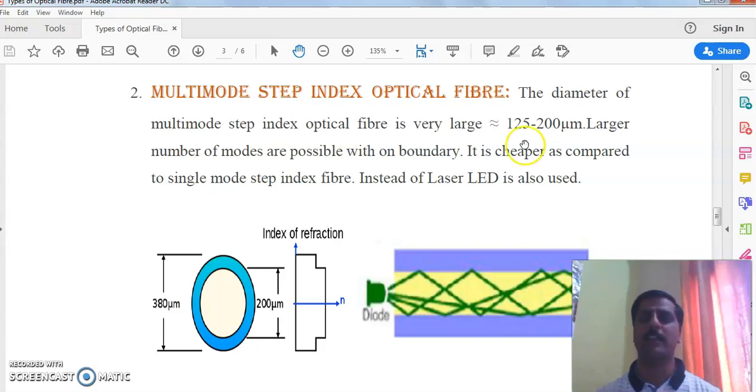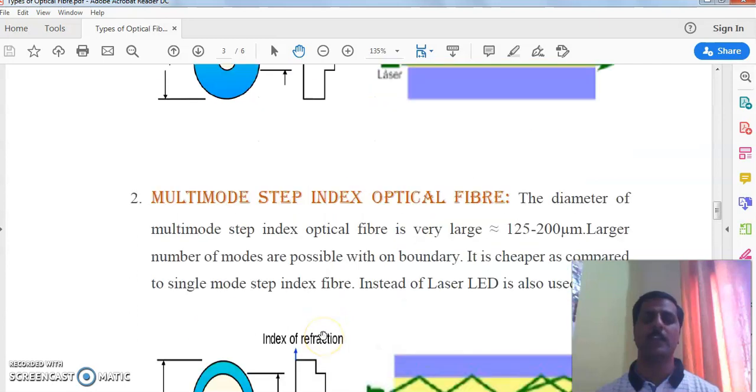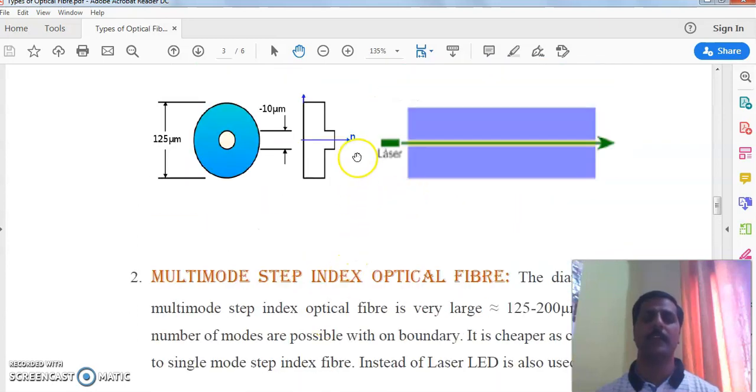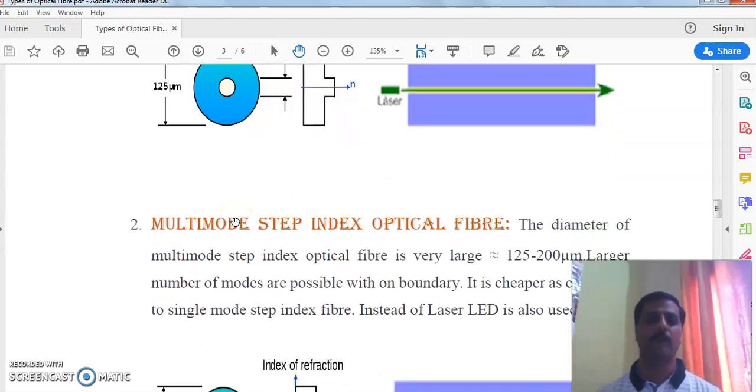But here the range is larger, that is 125 to 200 micrometer. The core in comparison to the single mode, here you have to see in the diagram, is larger, up to 200 micrometer. This core region is wider; here you see in the single mode it is very small, but here it is larger.